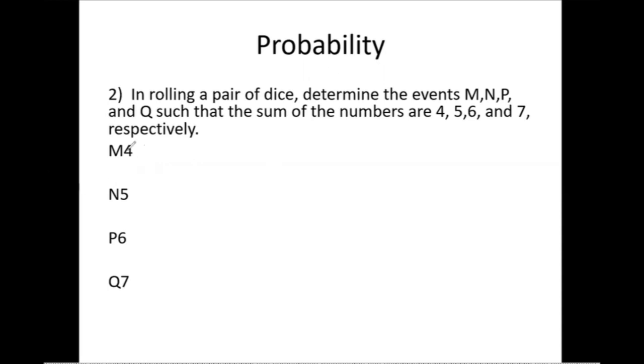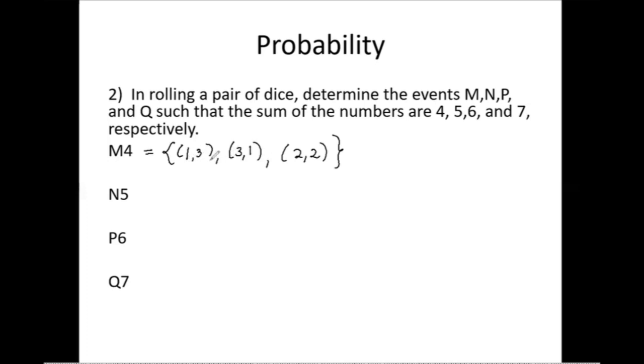O, ibig sabihin, pag kinuha natin yung set M4, ibig sabihin ang sum ng mga dice or yung kanilang number of dots ay dapat equal to 4. So, ang pwede ay 1, 3. Pwede yan, di ba? Ano pa? 3, 1. Kasi magkaiba ng dice yun, di ba? And 2, 2. Yan. Yun, equal sa 4 yun.